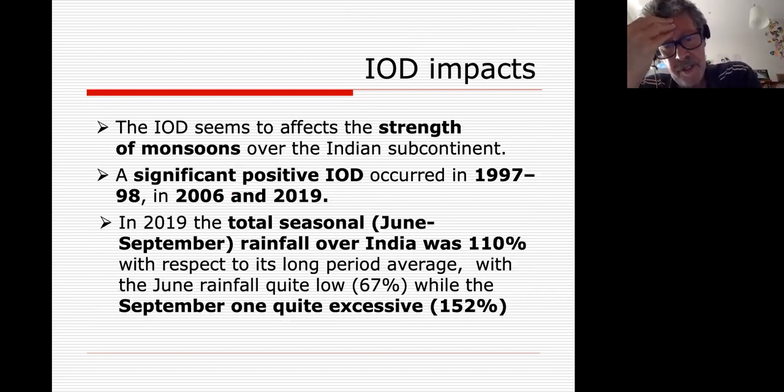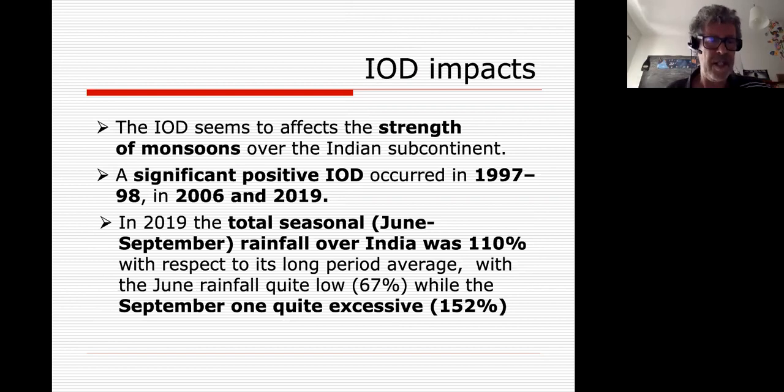What are the impacts of the IOD? It's quite an obvious thing that since the monsoon is the dominant seasonal cycle in the area, some interaction between the IOD and the strength of the monsoon seems to be quite obvious in some sense.